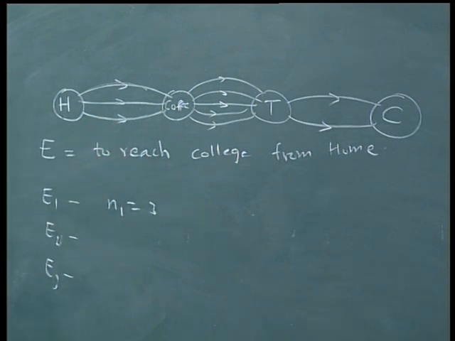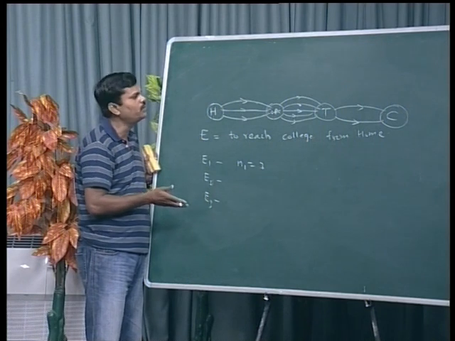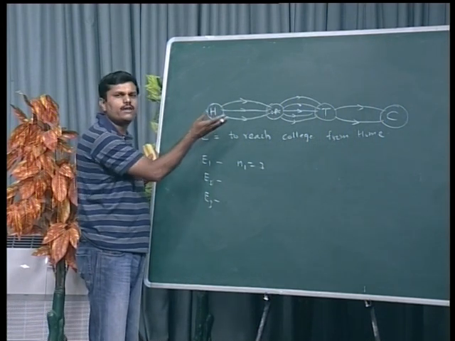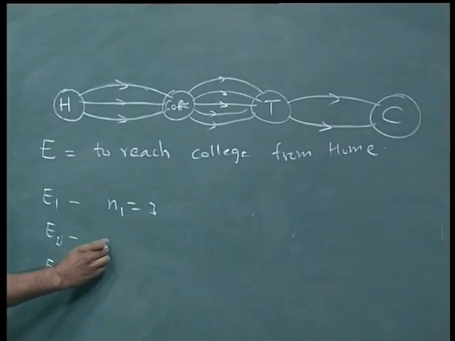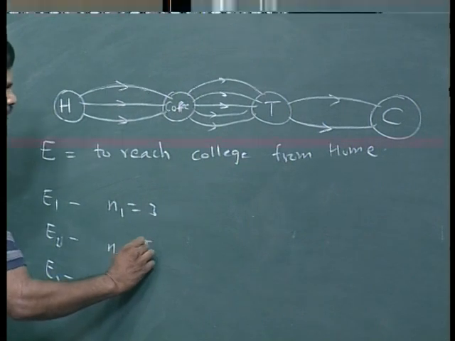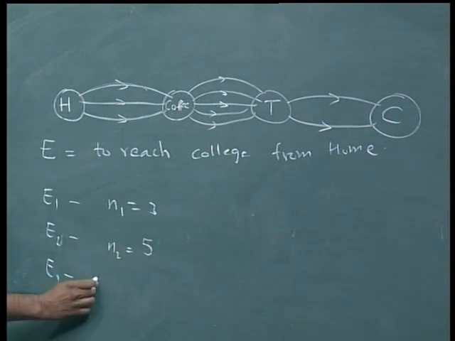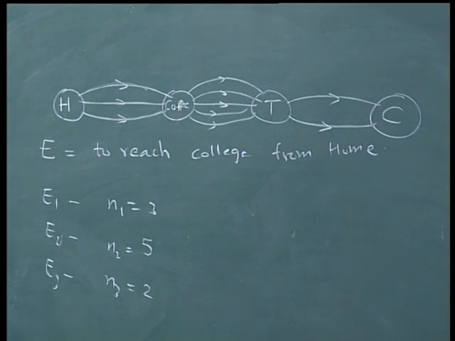You know that if you want to go from one place to another place, there can be many ways. You can select any way you like. Okay, you can select a long route or a short route. So there are 3 routes. So n1 is equal to 3. From coffee shop to theater, n2, that is 5, and from theater to college there are 2 ways or 2 routes.